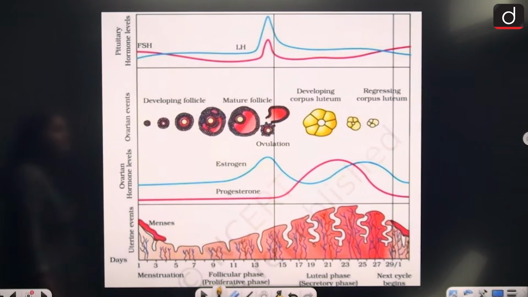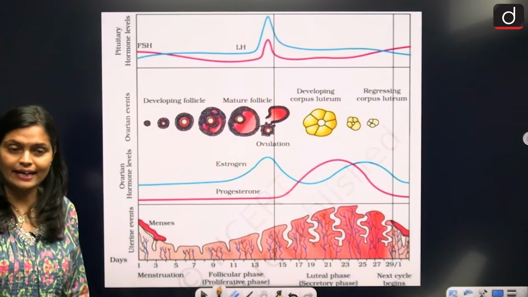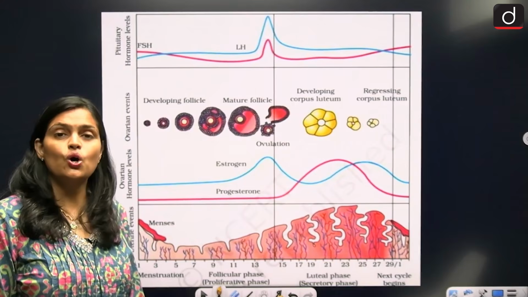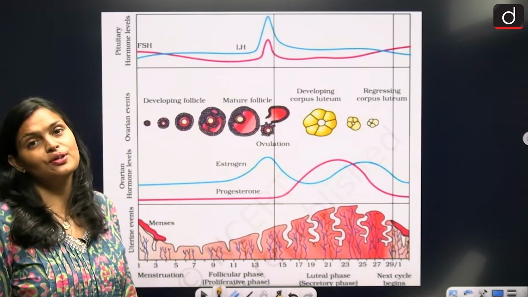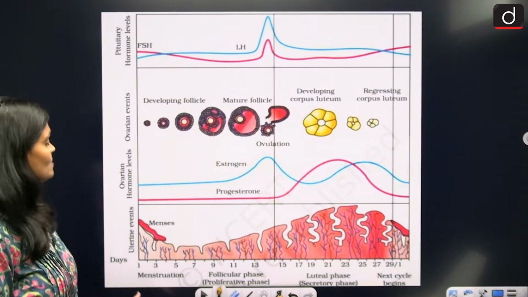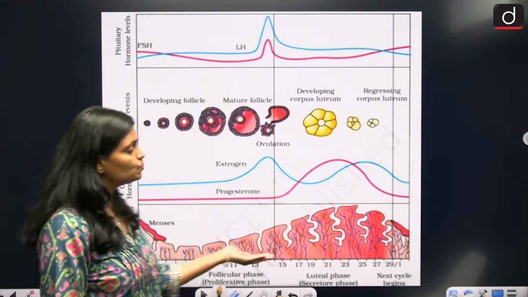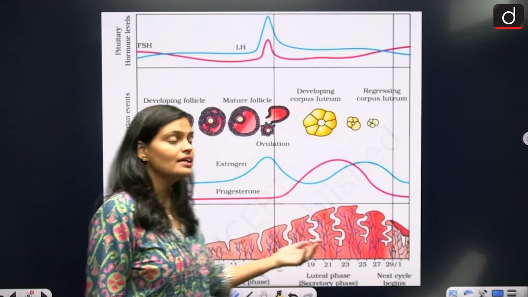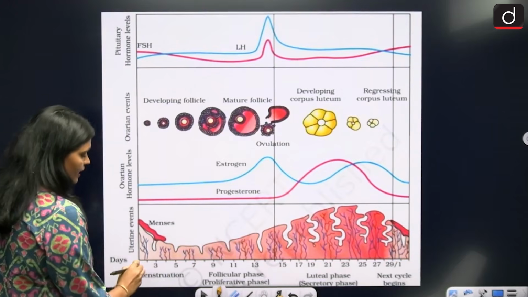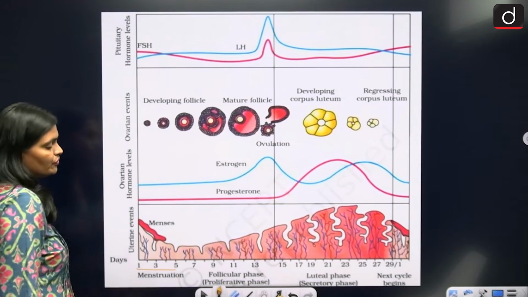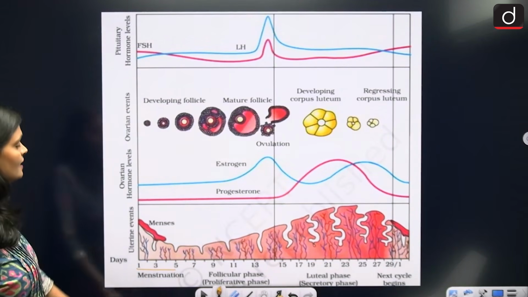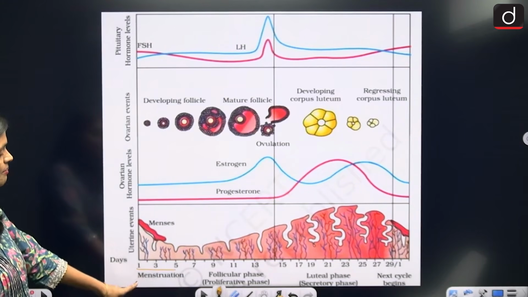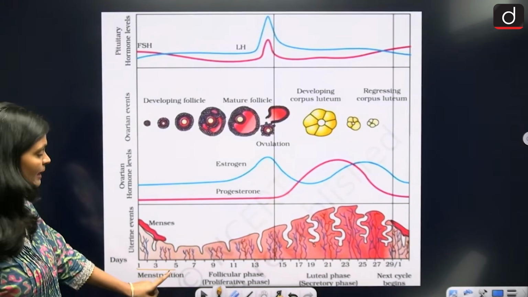Now this is basically the diagram which will represent all the 4 phases and all the 28 days. So here we have 1 to 28 or 29 days. See, the first 5 days is the menstrual flow or the bleeding phase.